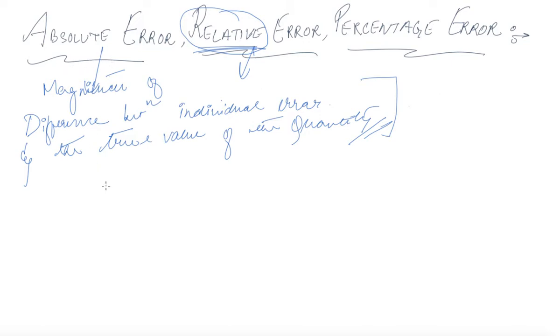Absolute error for me is, suppose this is what you have measured. A1 is what you have measured and A naught or A mean is my true value of the quantity.